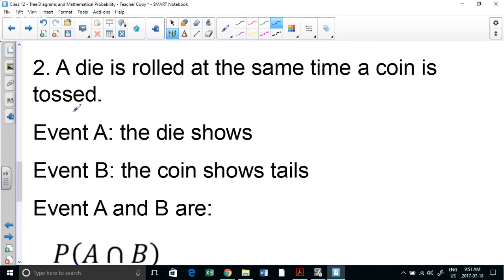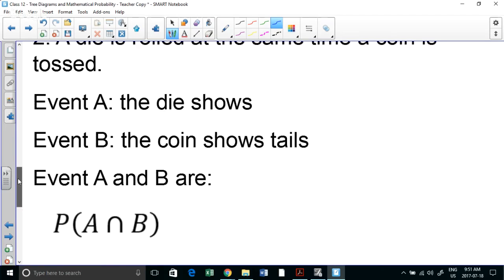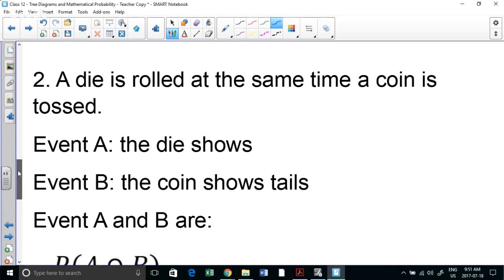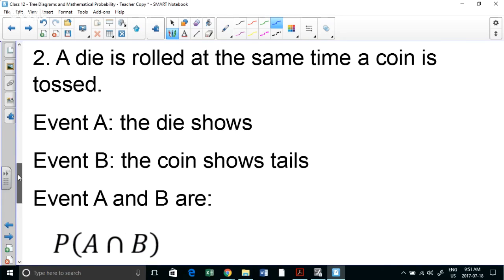A die is rolled at the same time a coin is tossed. Event A is the die shows 6, and event B is the coin shows tails. Events A and B are independent.